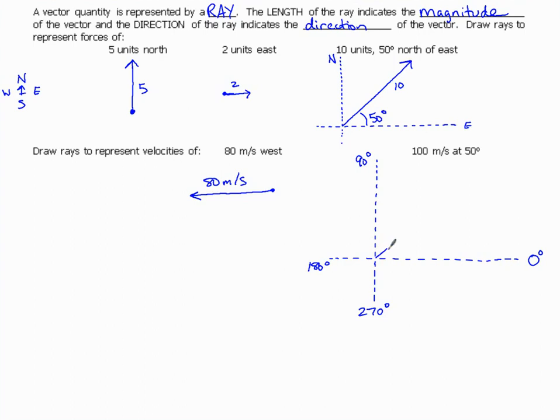And we are going for 100 meters per second. So slightly longer than the arrow for 80. So here's 100 meters per second, and there's 50 degrees. So really there's a couple of different ways that we could indicate the direction of these vectors.